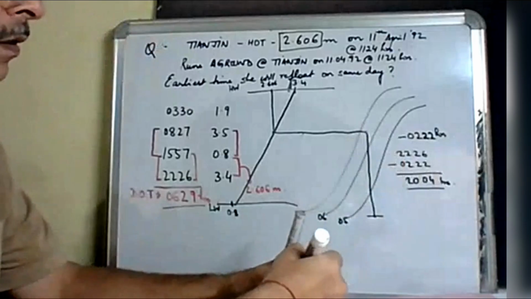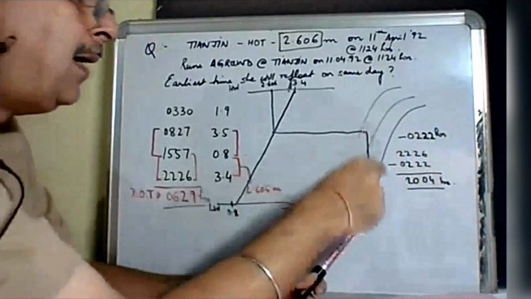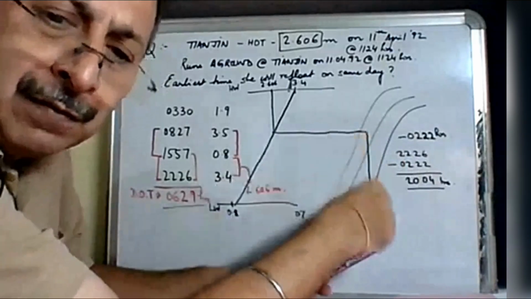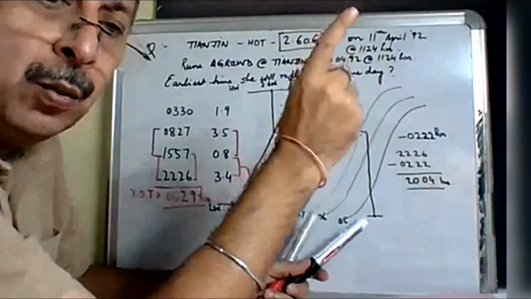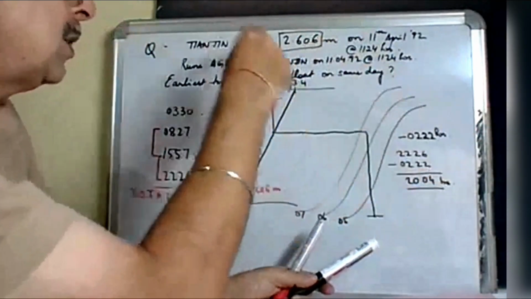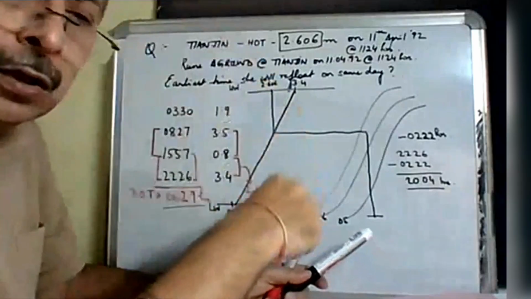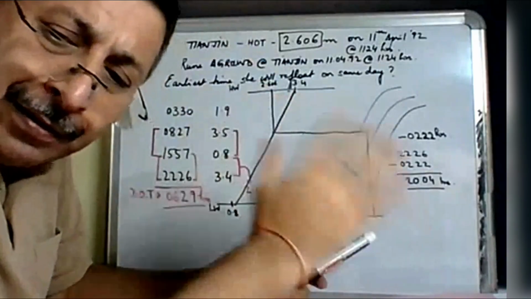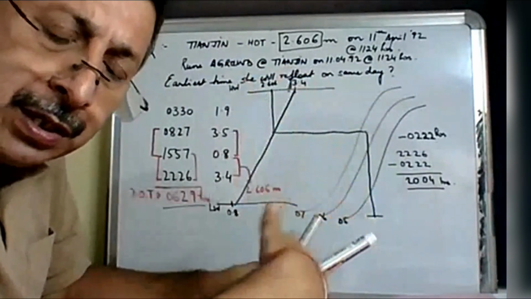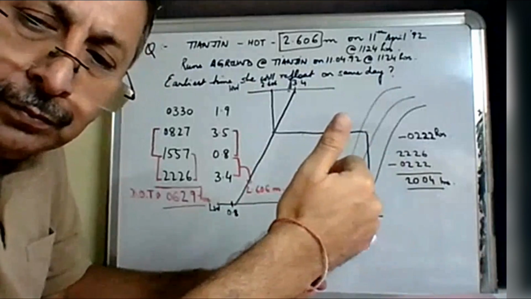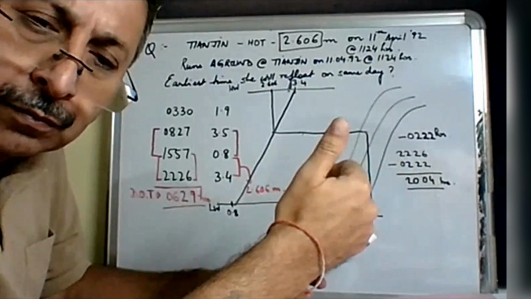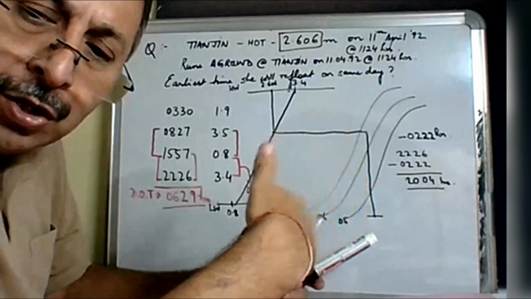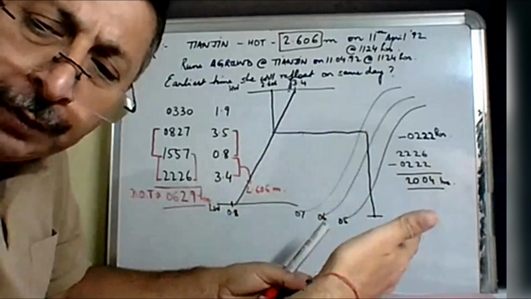Yes sir. Right? That means at 20:04 hours, the height of tide will be 2.606 on the same date in the next tide. So she will be ready to float free.